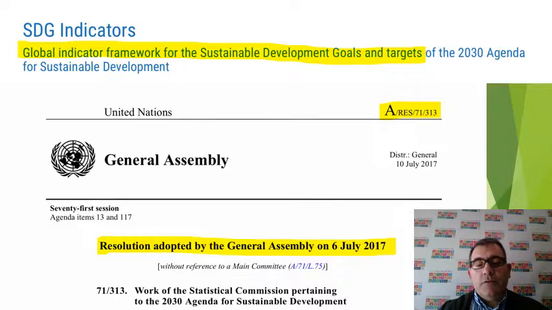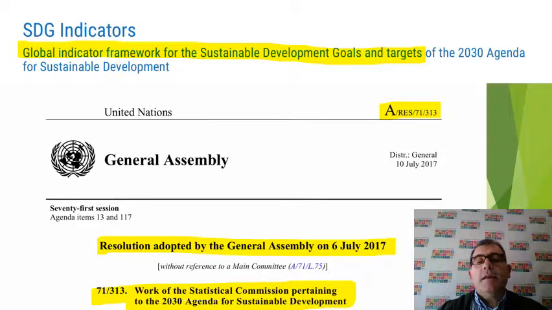By another resolution of the United Nations General Assembly, of 6 July 2017, Resolution 71/313, the global indicator framework was approved, and it gives the Statistical Commission, with other institutions, the responsibility to develop a framework of indicators at global level and at sector level, and we will see it in detail in the future of this workshop.